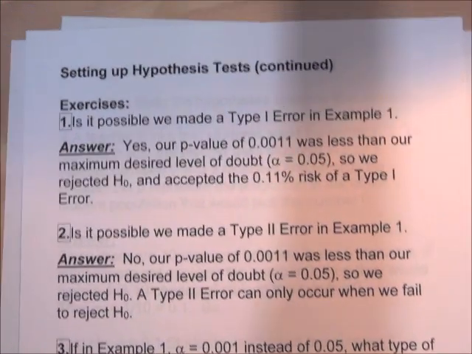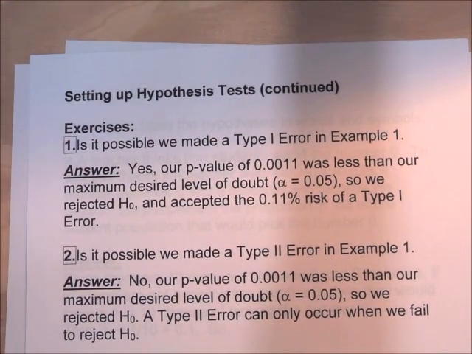Exercise: is it possible we made a type 1 error in example 1? The answer is yes, it is possible. Our p-value is 0.0011, so that's our probability of a type 1 error.